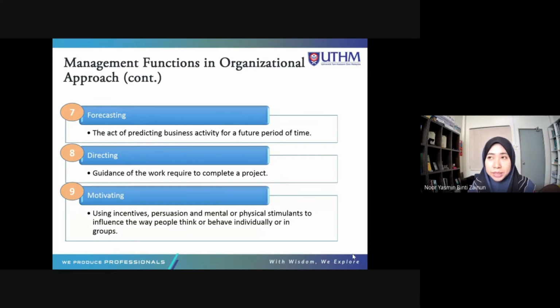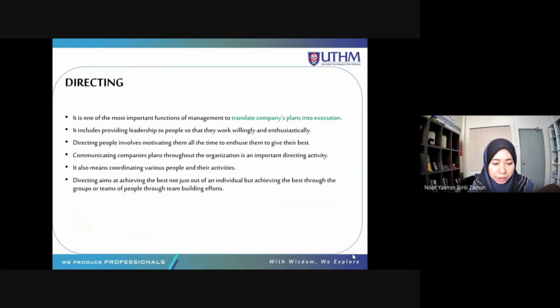Okay, contoh macam every we have excellent staff, dapat RM1,000 kalau staff tu excellent. Kita ada award macam tu, anugerah lah. Okay. So directing is one of the most important function of management to translate company's plan into execution.